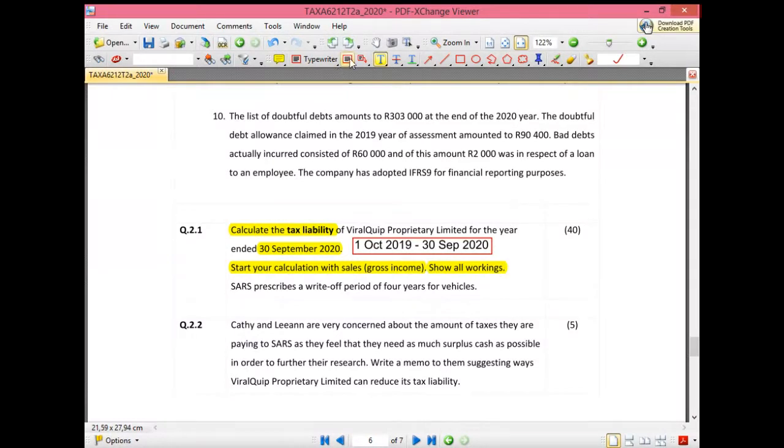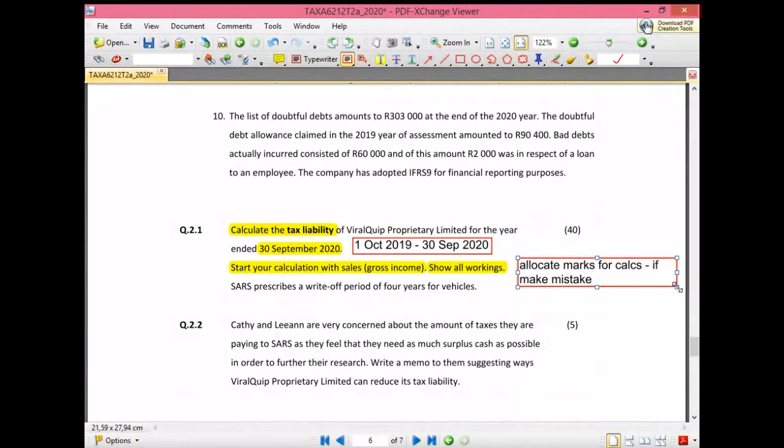The reason you need to show the workings is that if you make mistakes, we can allocate marks for your calculations. If you don't do the calculation but you get the amount right, I will still allocate all the marks to you.